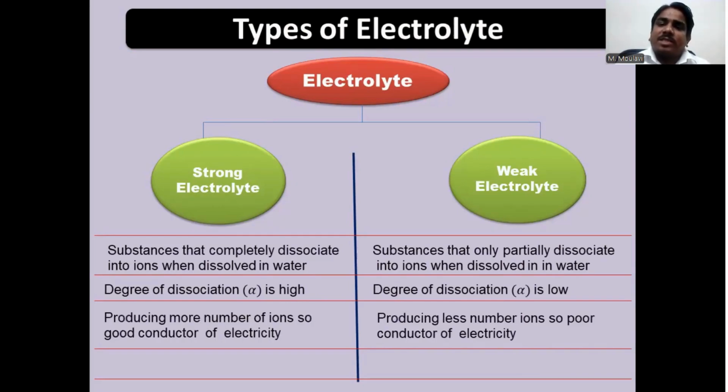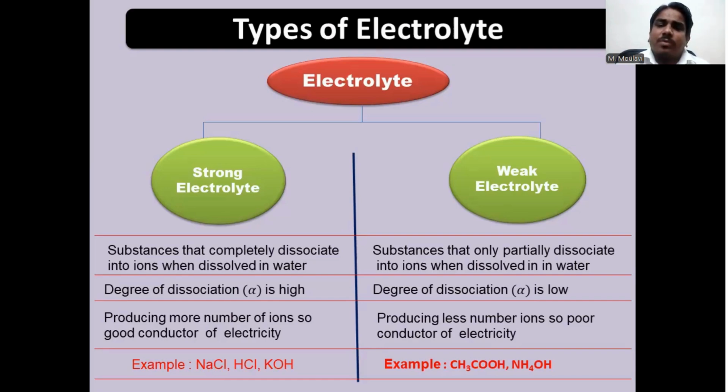A strong electrolyte produces a large number of ions in solution, so it is a good conductor of electricity. A weak electrolyte produces fewer ions in aqueous solution, so it is a poor conductor of electricity. Examples of strong electrolytes are sodium chloride, hydrochloric acid, potassium hydroxide, etc. They undergo complete dissociation in water, and the alpha value is very high.